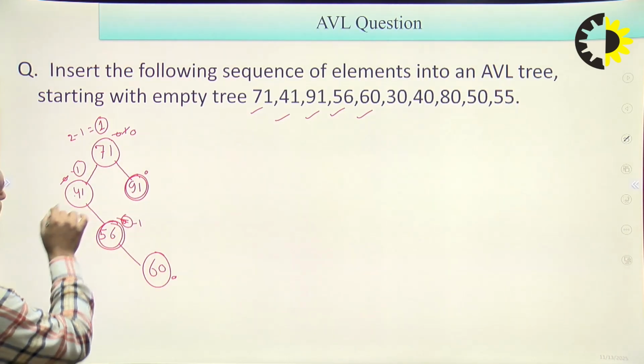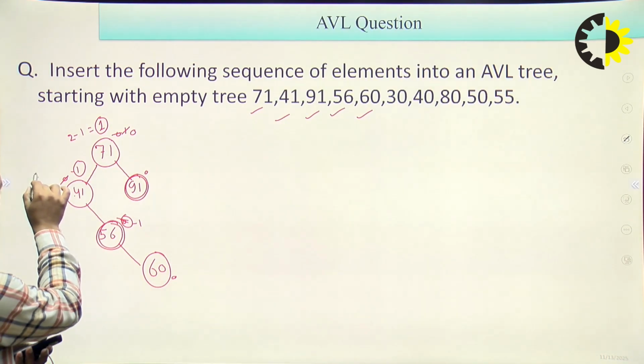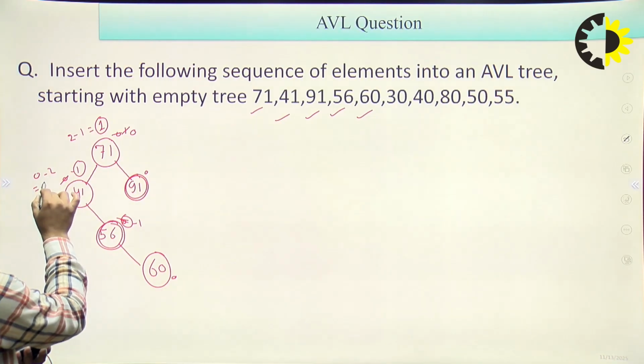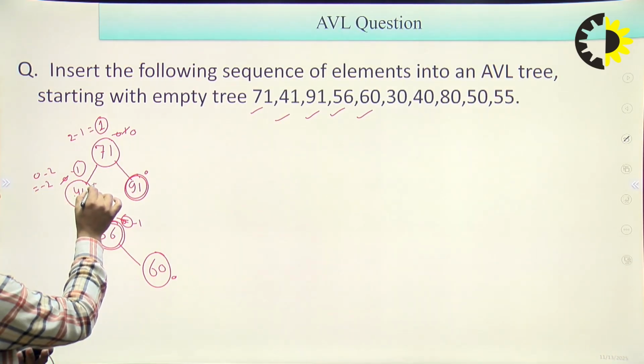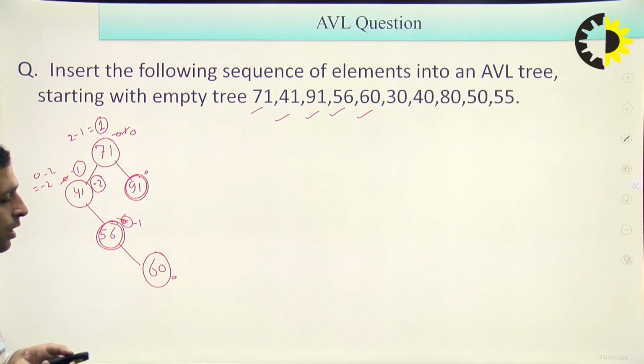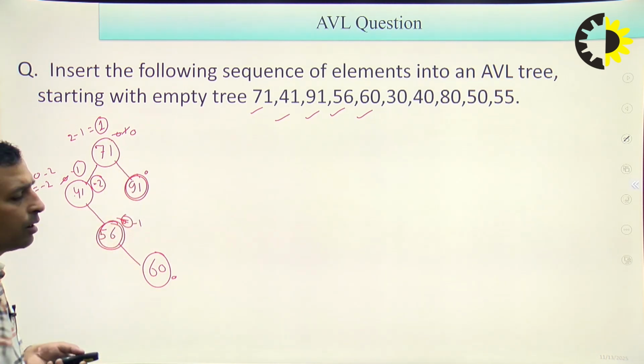Now for 41, the left subtree height is 0 and the right subtree height is 2, so the balance factor is minus 2. We get balance factor minus 2 at node 41, so stop here; no need to calculate upward.